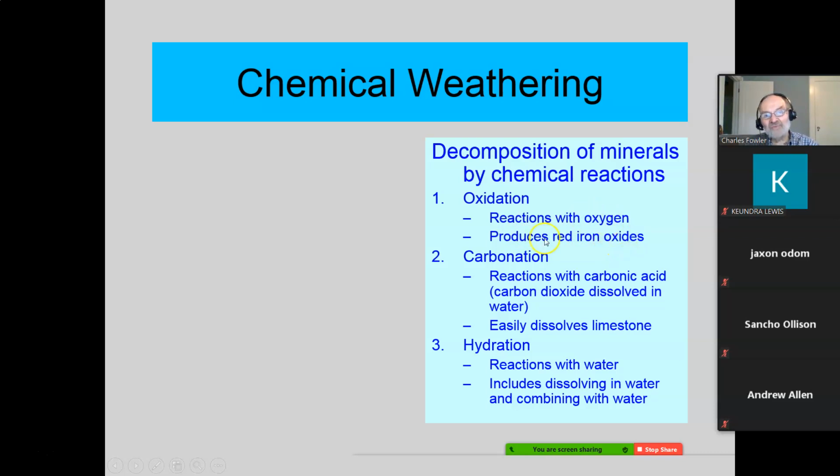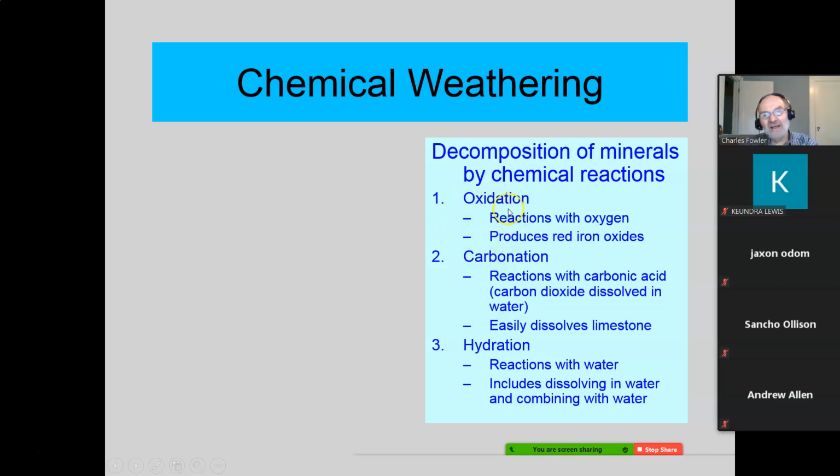And a lot of the red soils you see, especially over in Georgia, but also here in Alabama or anywhere in the southeast, the redness you see is from those red iron oxides. Very, very tiny little particles of iron oxide coating the surfaces of clays. That's what forms our red clays. A little bit of iron oxide just on the surface of those clay particles. So that's oxygen. Oxygen reacts with just about everything.